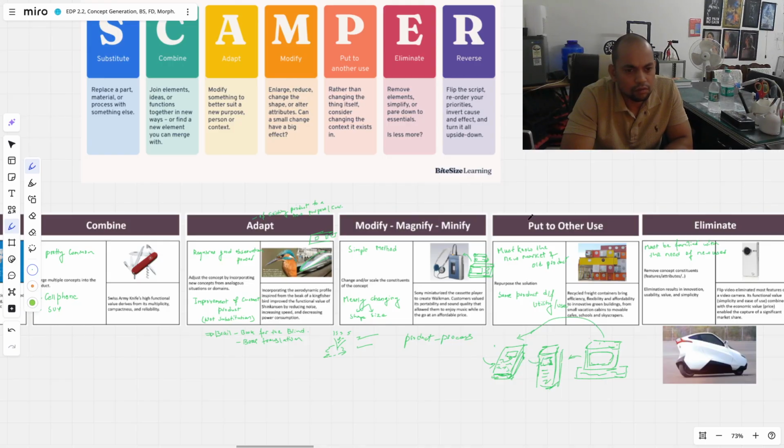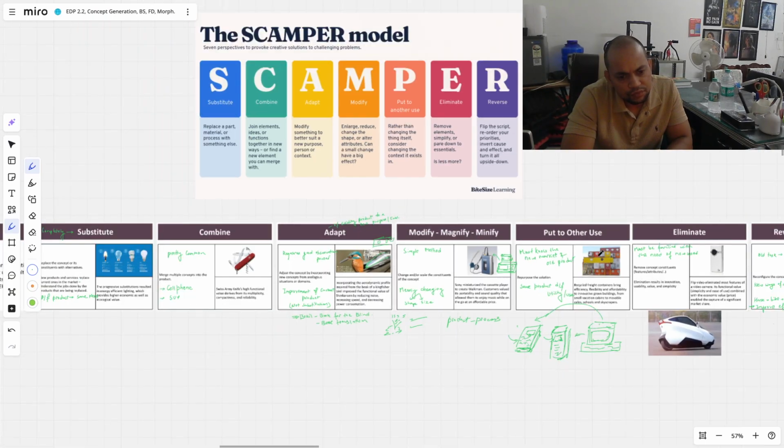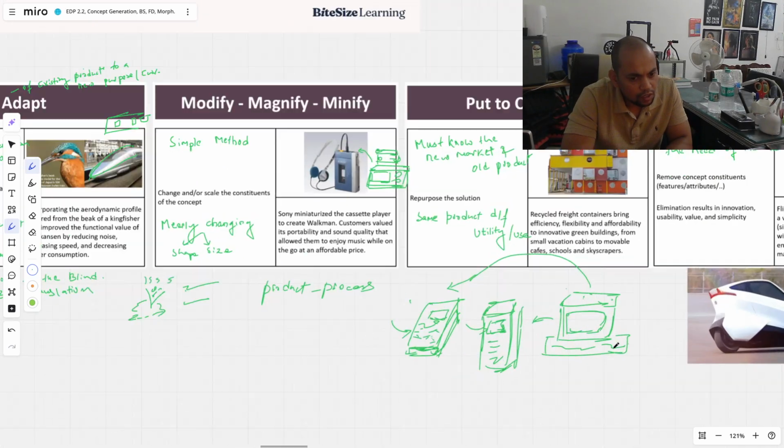Multiple aspects of Scamper have been used here. You can use put to other use, magnify, minify, which again means made smaller. Adaptation has been done here. Combination has been done. Substitution has been done. The initial phones used to be like this one.